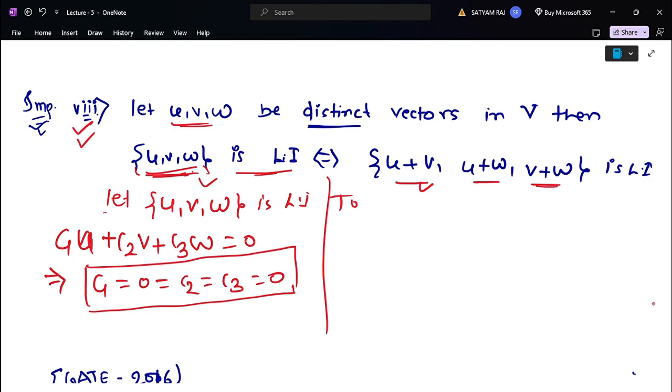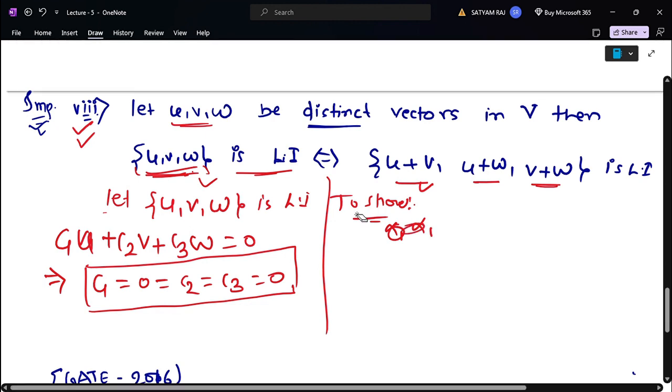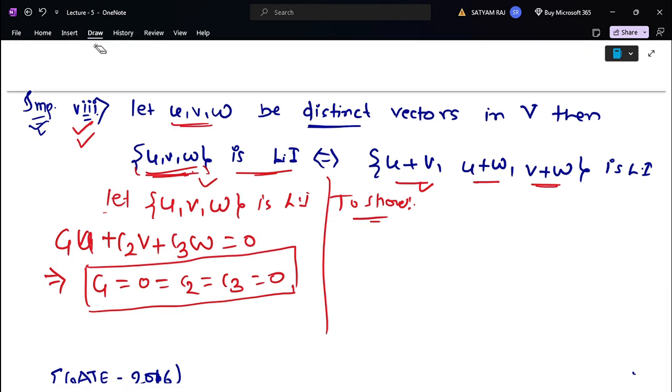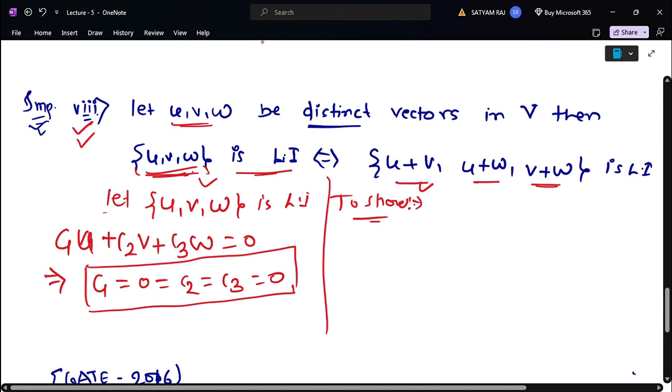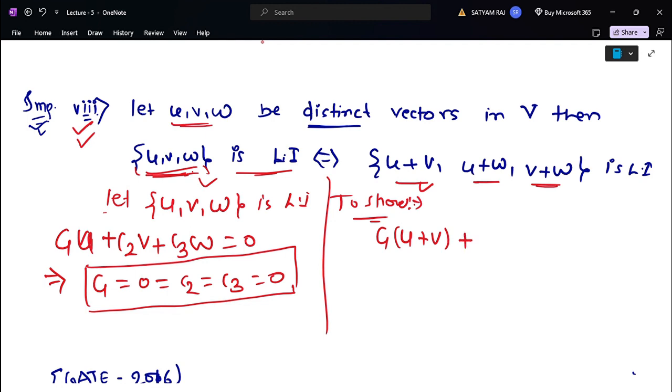Now to show this is LI, we take c1 u plus v plus c2 u plus w plus c3 v plus w equal to 0.